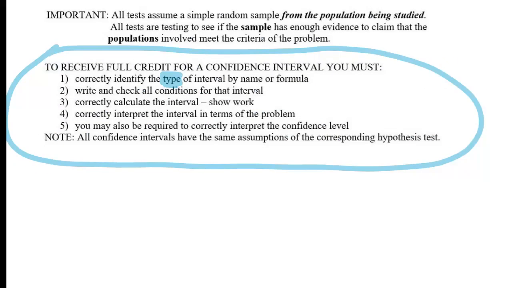So is this a one sample confidence interval for means? Is this a one sample confidence interval for proportions? So one sample T interval for mu or one sample Z interval for p. Yes. You can jot on it if you want to.